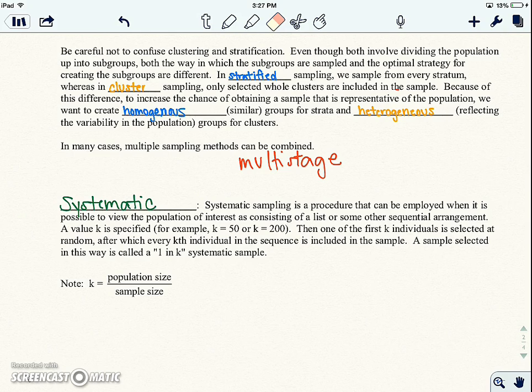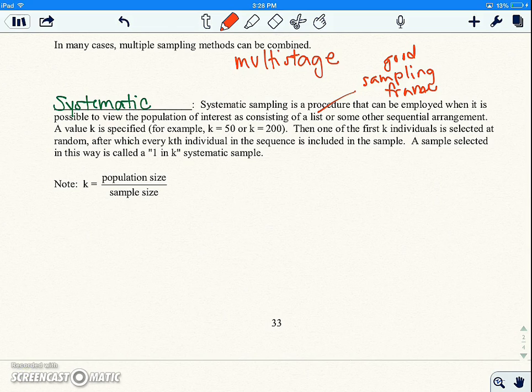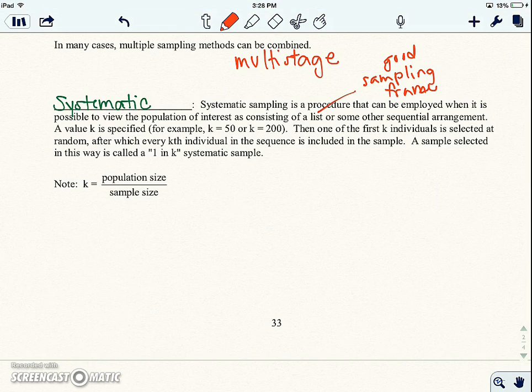A value k is specified, for example, k equals 50 or k equals 20. Then one of the first k individuals is selected at random, after which every kth individual in the sequence is included in the sample. A sample selected in this way is a 1 in k systematic sample.